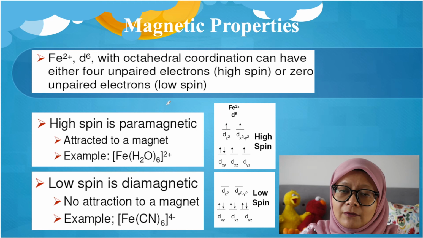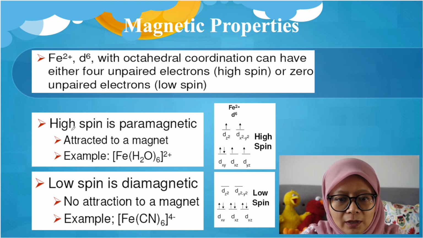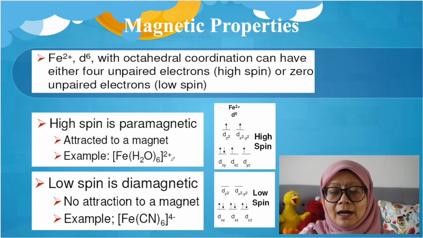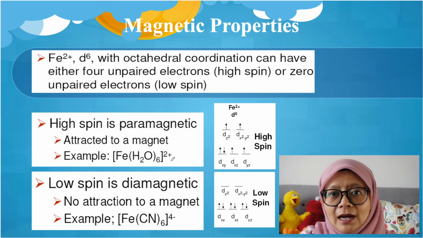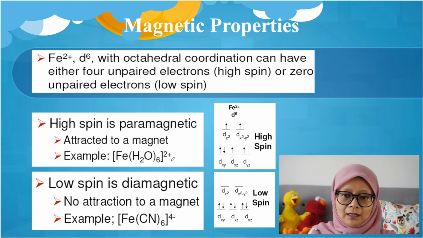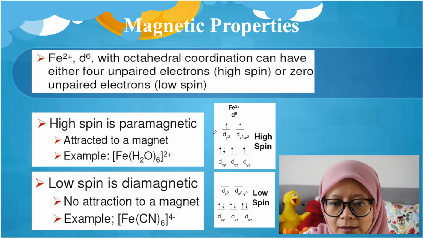So let's look at the first example. First one, this is where we have the hexaaquairon(II) ion. It is a high spin complex, paramagnetic and attracted to a magnet. So what happened here?